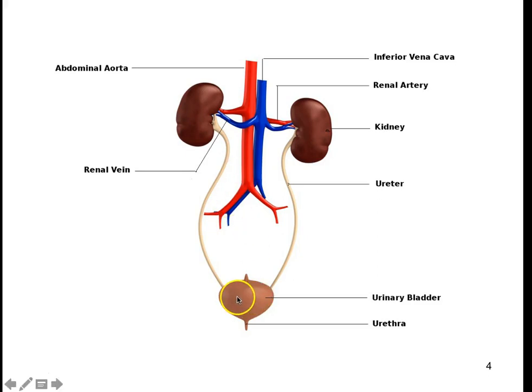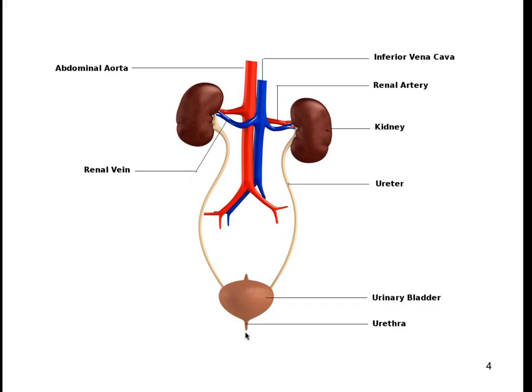And of course, what then happens is that when you're going to urinate, that bladder detrusor muscle contracts and pushes the urine. And then the urethra, which is very small in women, much larger in men because it threads through the penis, has two sphincters that open so that you can urinate or void the bladder.